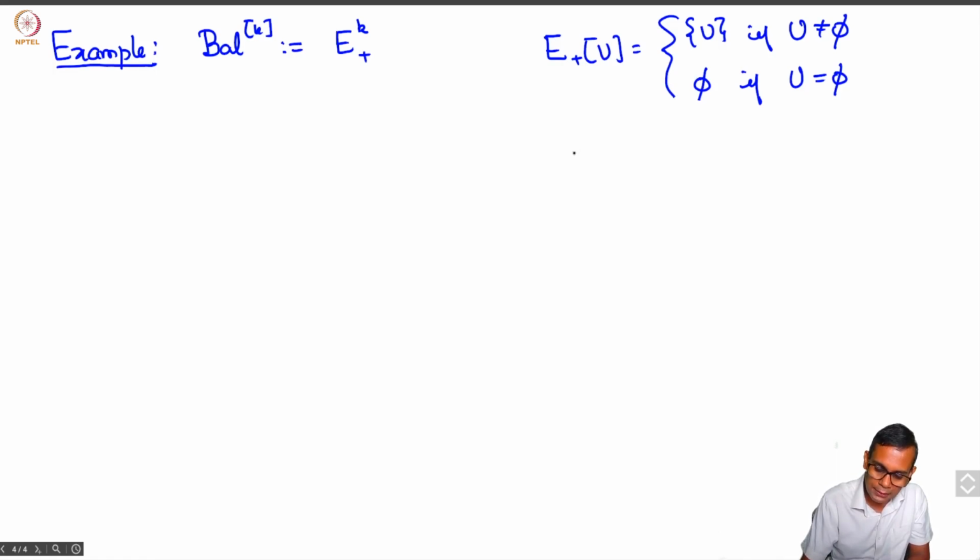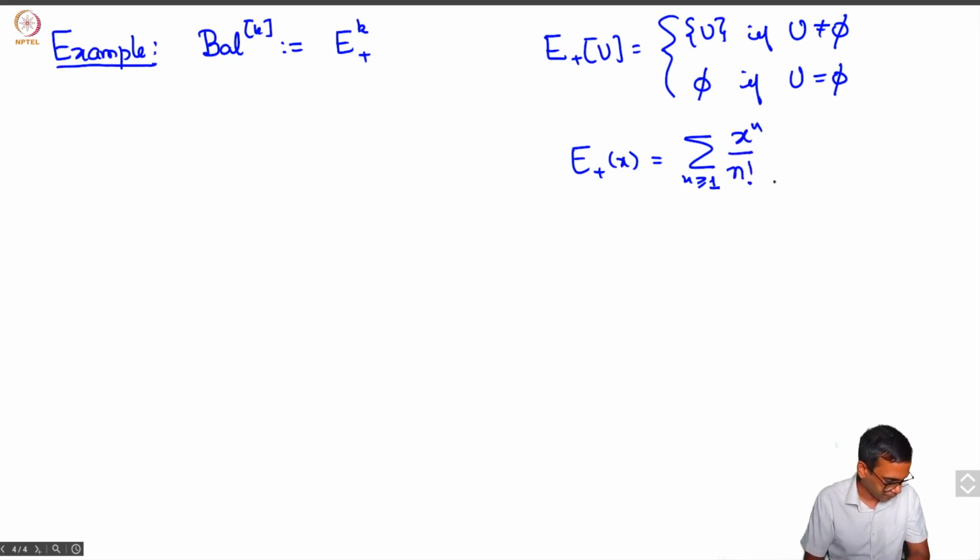So the generating series of E plus is the summation over n greater than or equal to 1, the constant term is missing, of x to the n over n factorial. And so this ballot species is the kth power of the species E plus.